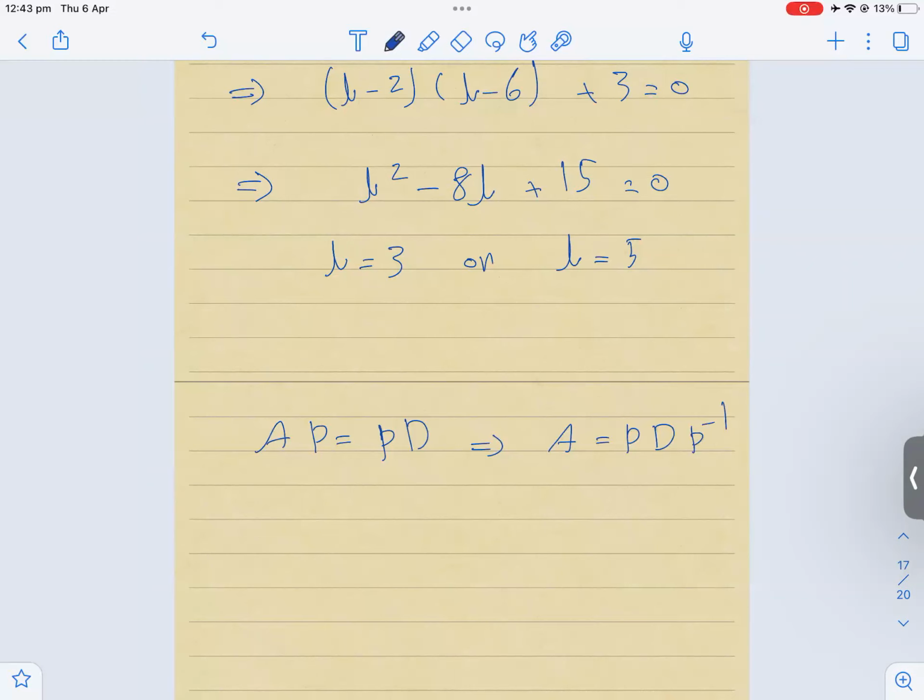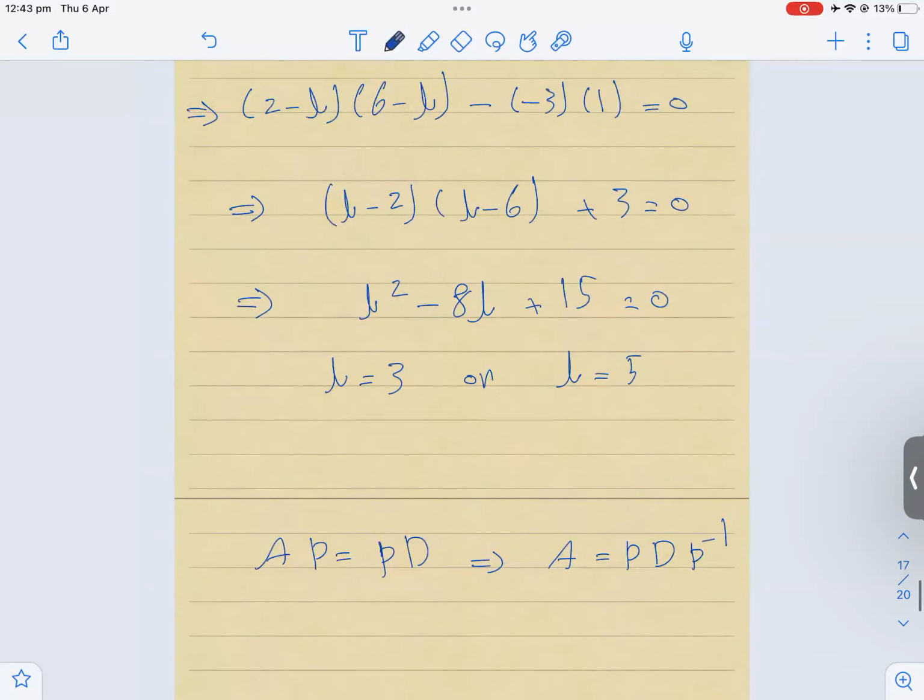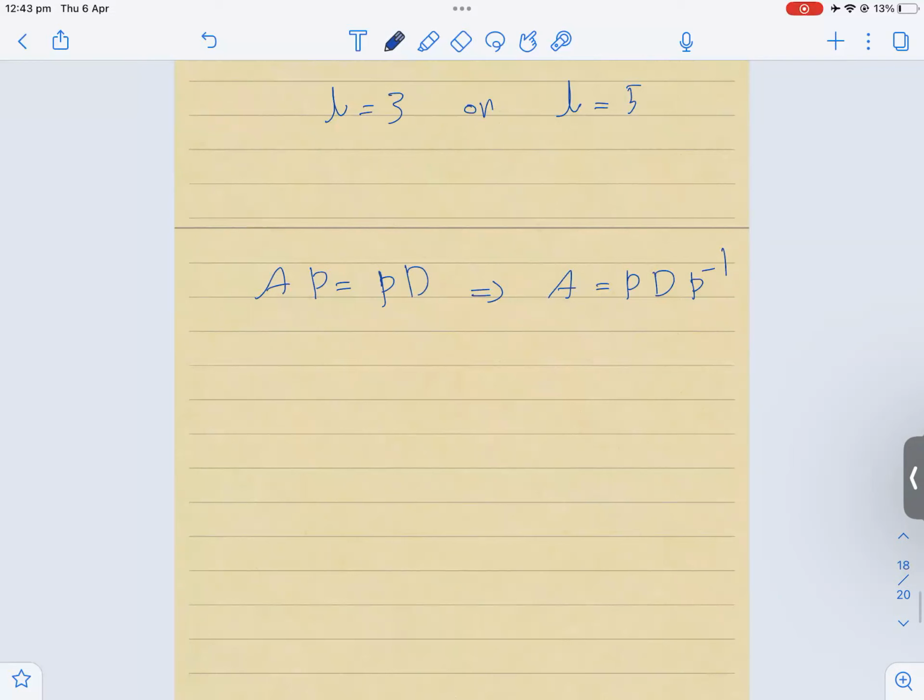What's P? The columns of P? Excellent. Yeah. What's this? Eigenvector. Now, A V equals 5 V.